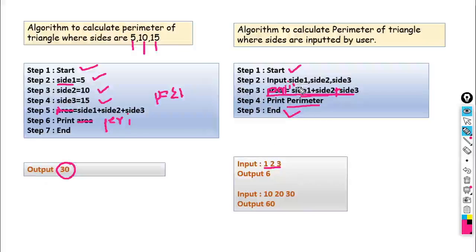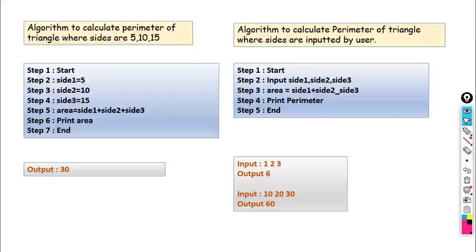It will assign them in sequential manner: side1 is equal to 1, side2 is equal to 2, side3 is equal to 3, and it gives the output 6. In the next example, suppose inputs are 10, 20 and 30. It will calculate the perimeter of the triangle. So this is the second example to calculate the perimeter of a triangle. Then next one.